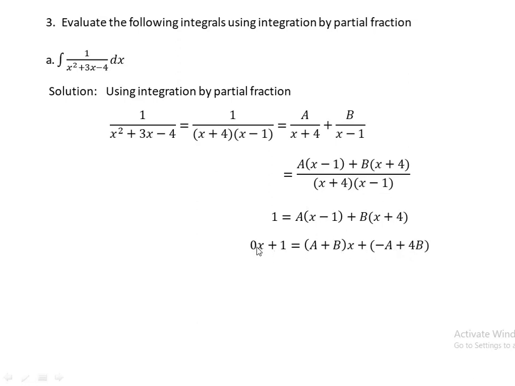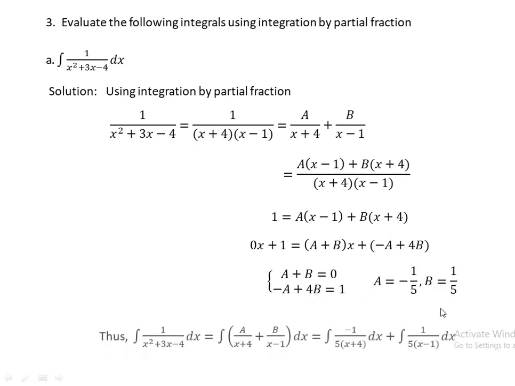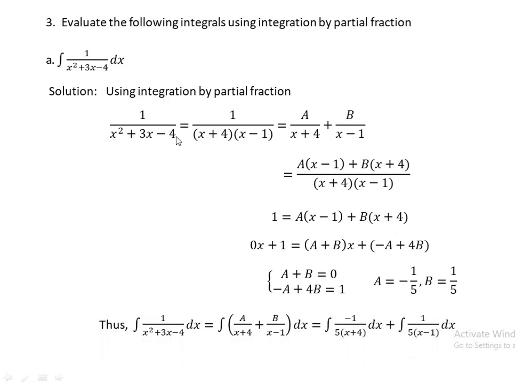By equating with 0x plus 1, we have a plus b equals 0, and minus a plus 4b equals 1. So by solving this, we obtain a equals minus 1 over 5 and b equals 1 over 5.